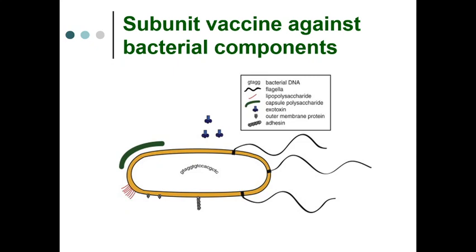Now the subunit mainly, as shown in the diagram, could be of the capsular origin of the bacteria, that is the outside capsule, or it could be a strong membranous protein, or it could be an adhesive molecule of the bacteria which is present on the surface of the plasma membrane, which gives adhesive ability, that is to attach to the cell walls.